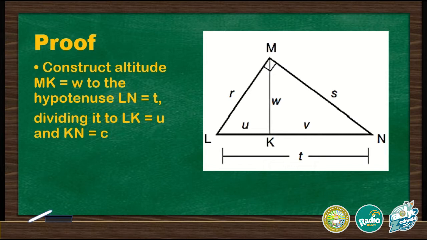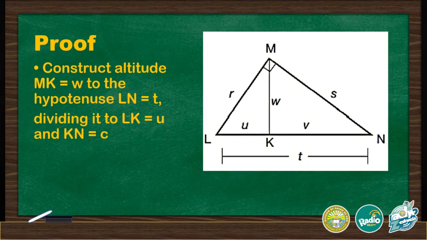If you look at the final drawing, you can see that we can make three right triangles, which are triangle LMN, triangle MKN, and triangle LKM. Let us start now with our first statement.